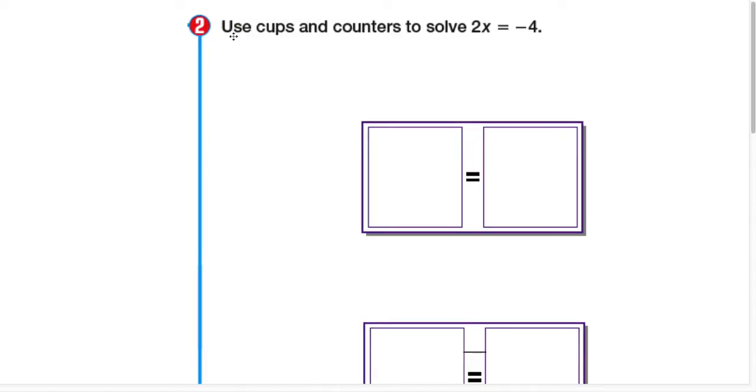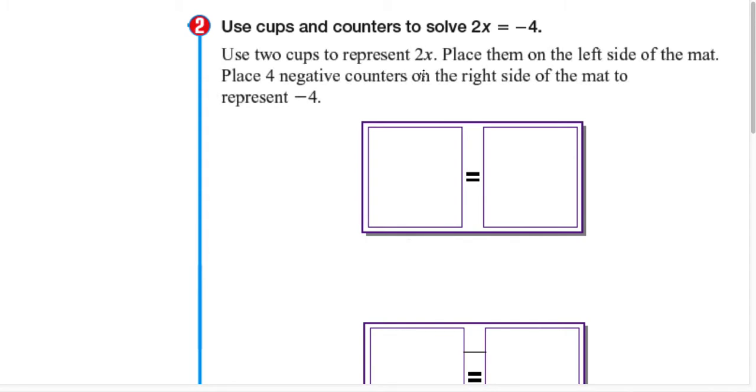In example number 2, use cups and counters to solve 2x is equal to negative 4. Again, we use 2 cups to represent 2x, and place them on the left side of the mat. Place 4 negative counters on the mat to represent negative 4. So this represents 2x is equal to negative 4.